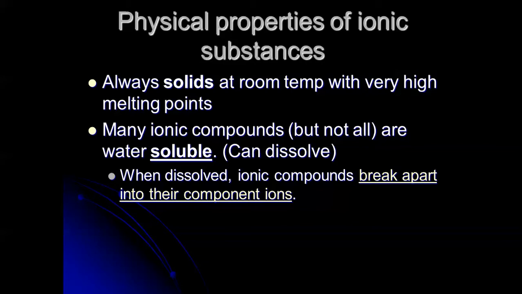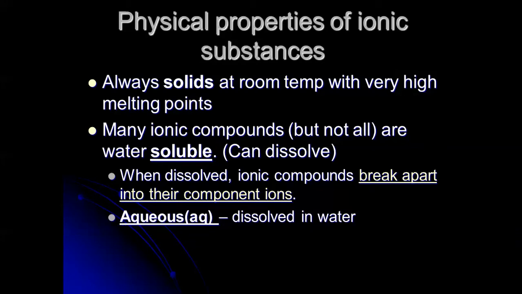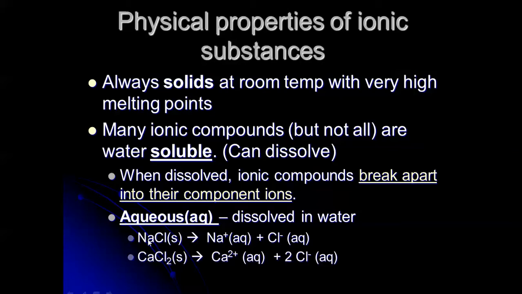When ionic substances dissolve, they break apart into their component ions. I'm going to show you some things to hopefully help you figure that out in just a minute. The term aqueous, abbreviated aq, means dissolved in water. So, for instance, we could show these 2 ionic substances dissolving.